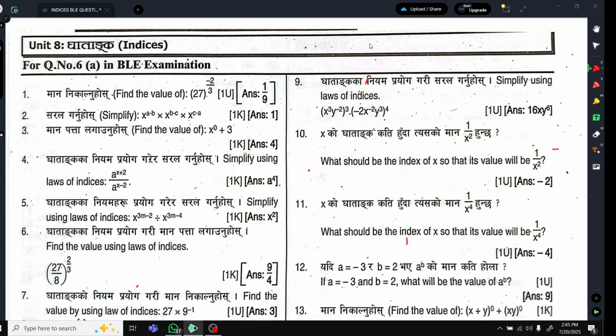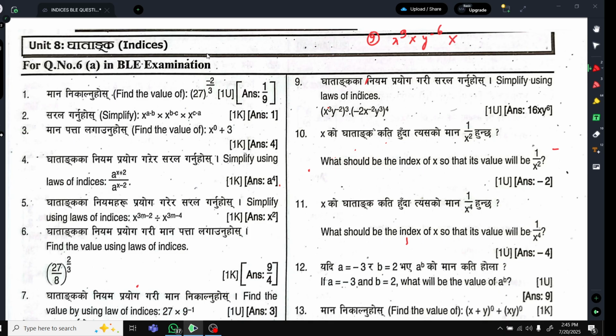So power is multiplied. X to the power 3 multiplied by 3 will become 9. y to the power minus 2 multiplied by 3 will become y to the power minus 6. Multiply by again minus 2 to the power 4.